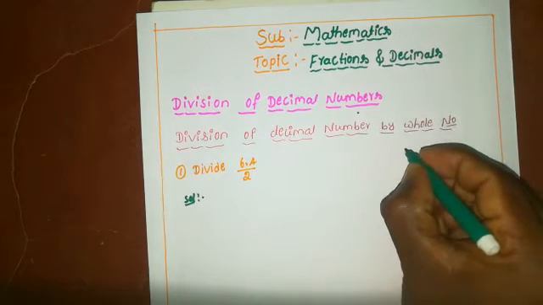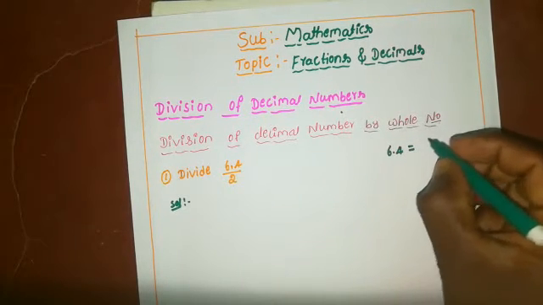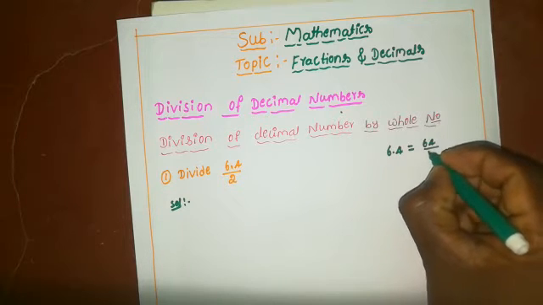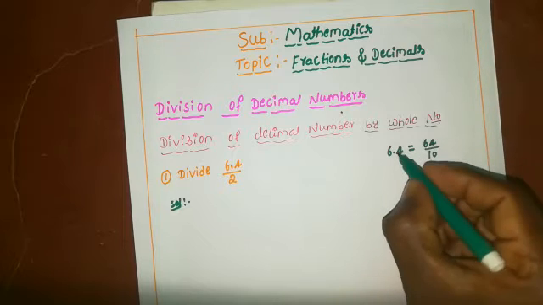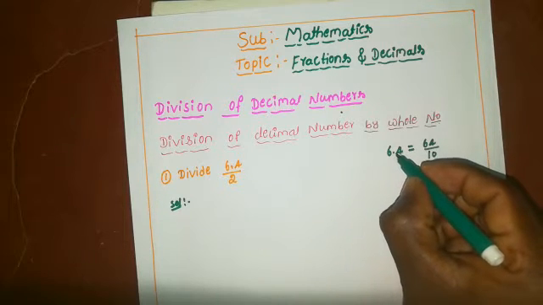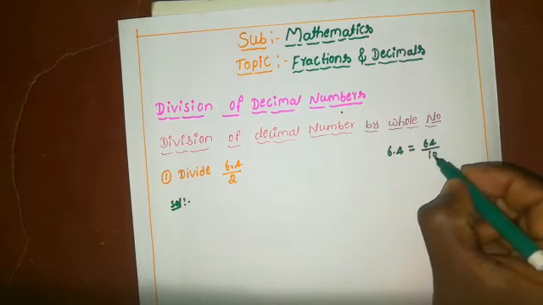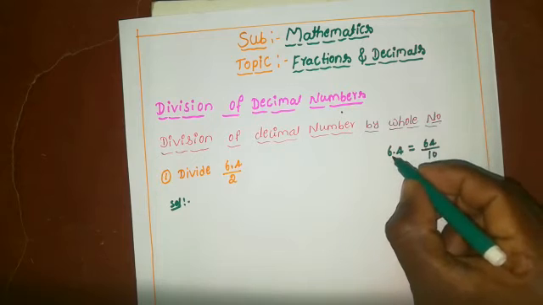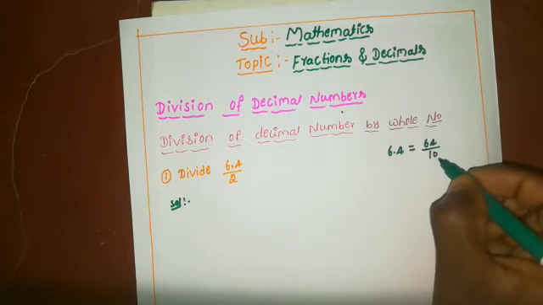We know that 6.4 is equal to 64 divided by 10, because here we have a point after one digit, so we write 10 in the denominator. 64 divided by 10 is equal to 6.4.